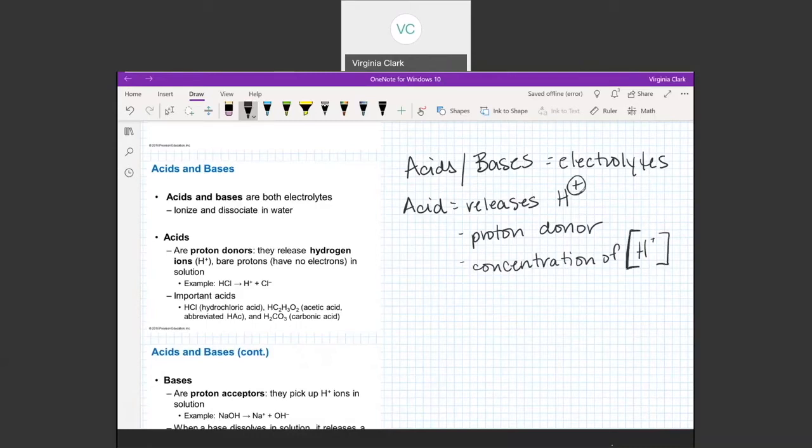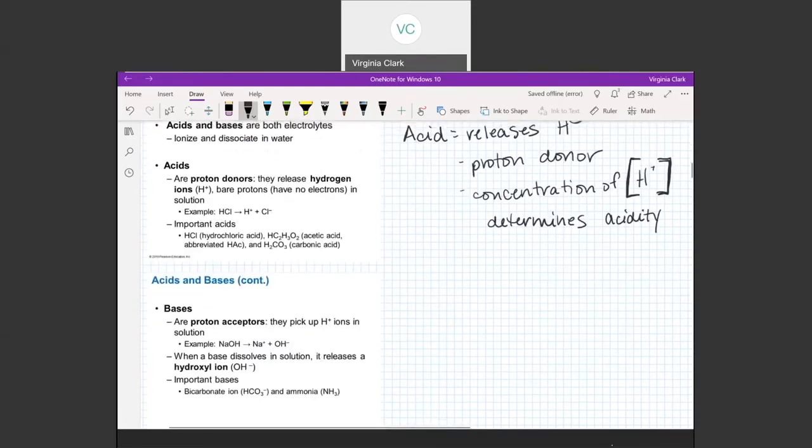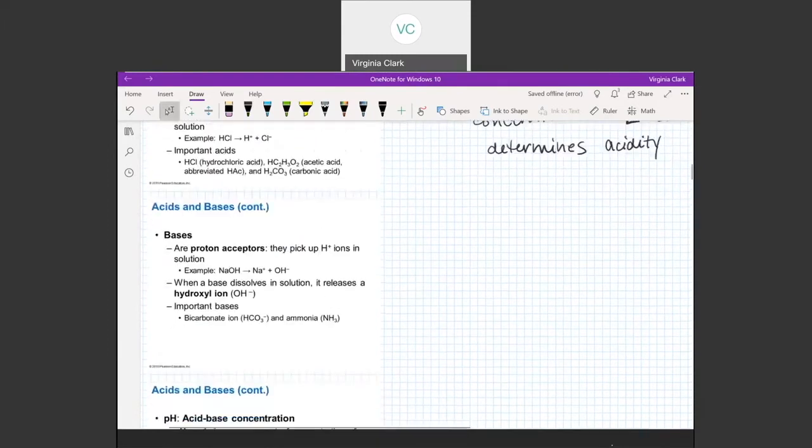So that means quantity. How much of the hydrogen ion in the water will actually determine the acidity of something. So we're going to talk through some of the main liquids in the body and what their acidity ratio is. So concentration of the hydrogen ions is going to determine the actual acidity.